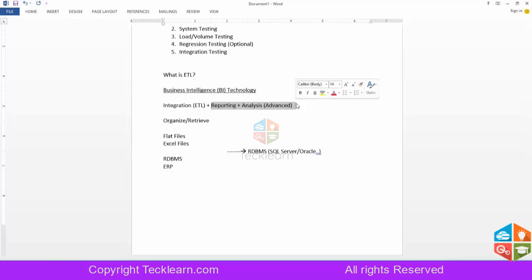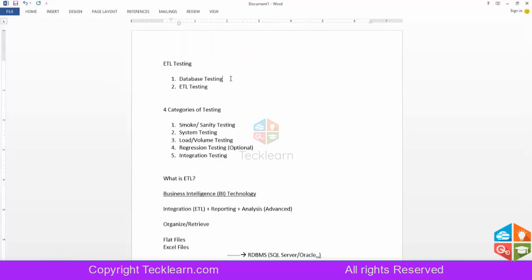I told you ETL testing is not a tool, it is a technology. ETL is a process, but tools perform ETL. We will come back to the beginning of our course, where I told you that ETL testing is done in two phases, mostly independent and at some point dependent: database testing and ETL testing.